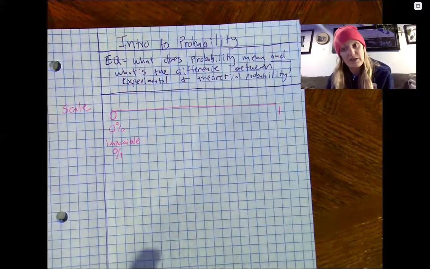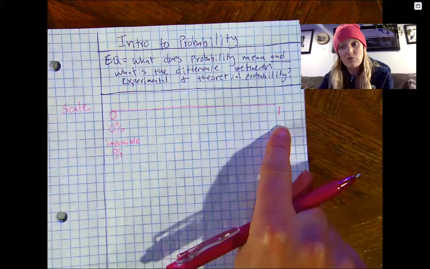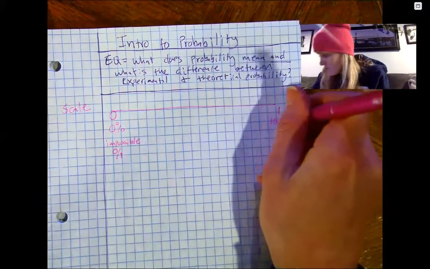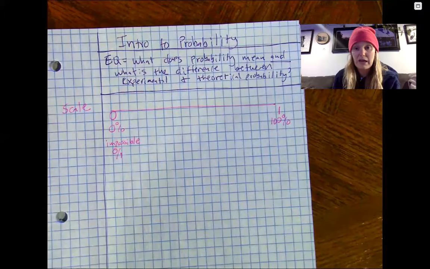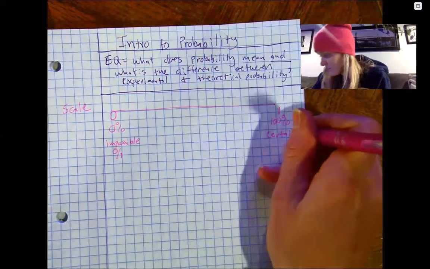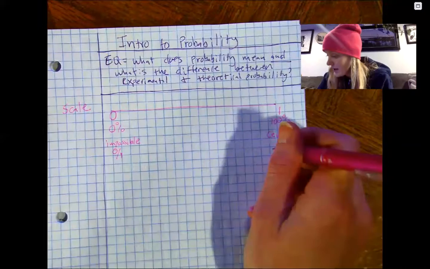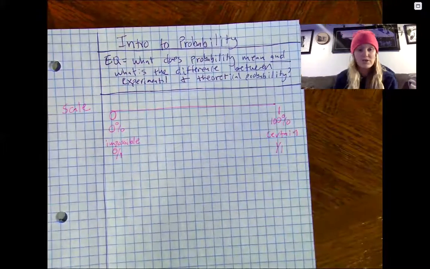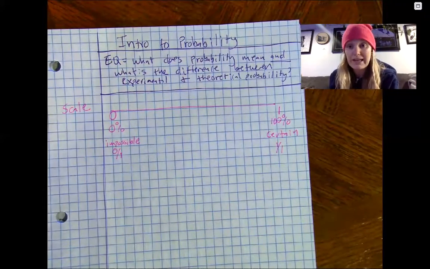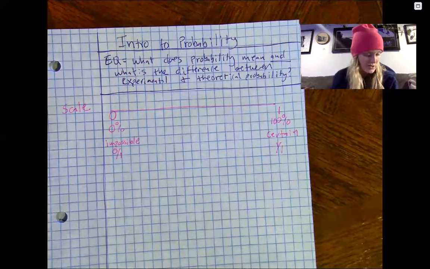On the other side of that spectrum, something with a probability of 1 has a 100% chance of happening. Instead of being impossible, it is called certain. It will happen 1 out of 1 times, all the time. That's like when you flip a coin, getting heads or tails.